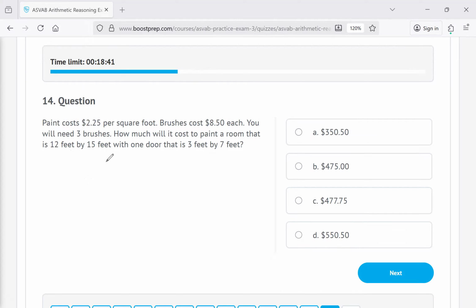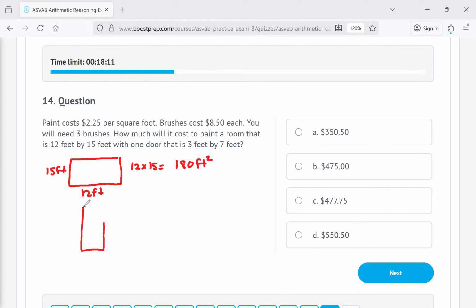But first, let's find the area of the room. The room is 12 feet by 15 feet. So what's 12 times 15? 180. So 12 by 15 is 180, and this is going to be feet squared because that's an area, right?